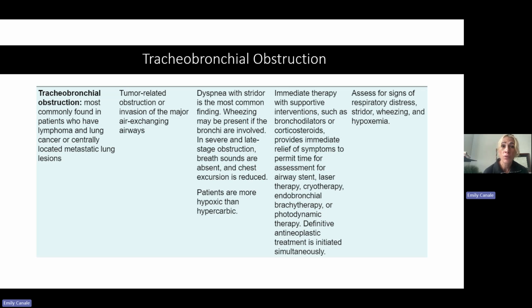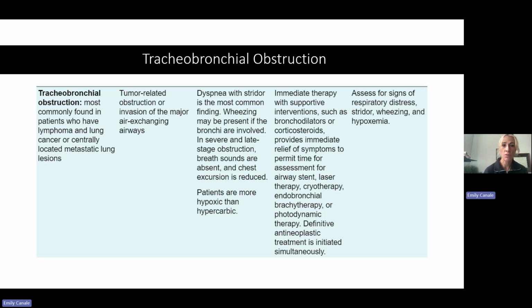And if this is really obstructed, you may not take breath sounds at all. Their lung expansion is going to be reduced, so they're not able to take a big breath in and out, and they're usually hypoxic. So this would need immediate relief of that respiratory distress, because if I hear stridor, I know there's an obstruction. So initially, I would do the bronchodilators.